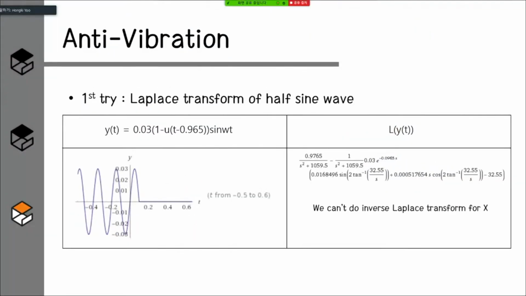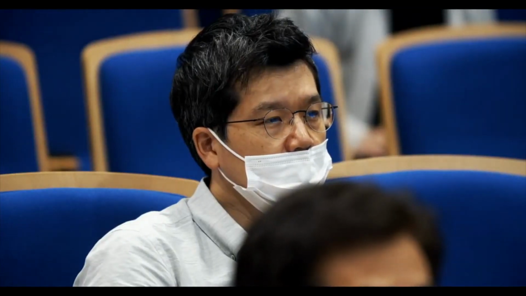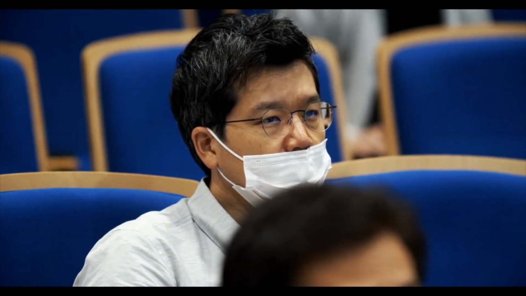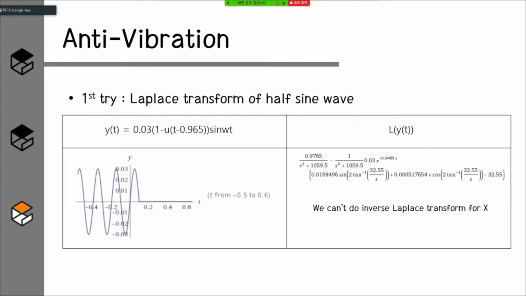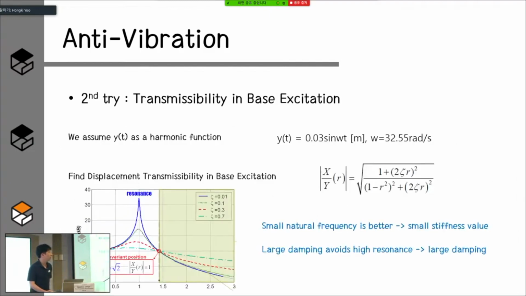For a theoretical approach, we tried some methods. First, we tried to model the ground position change like this and use a Laplace transform, but the results became too complex, so we were unable to use it. Another method is a simpler way.